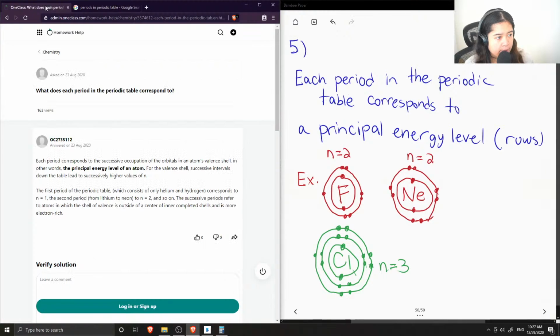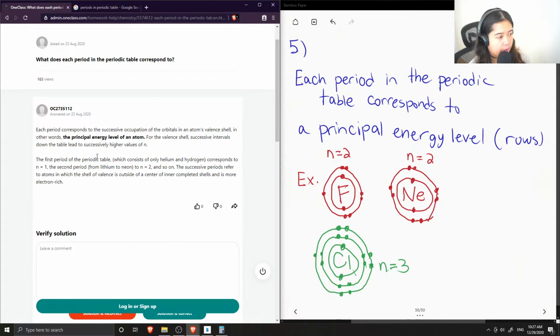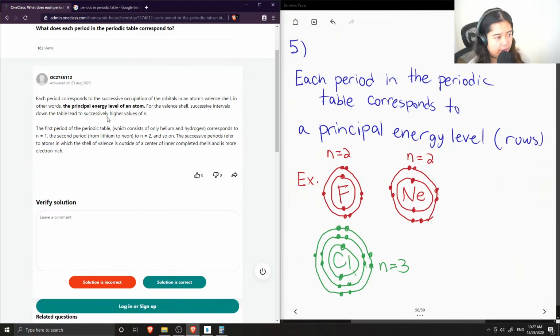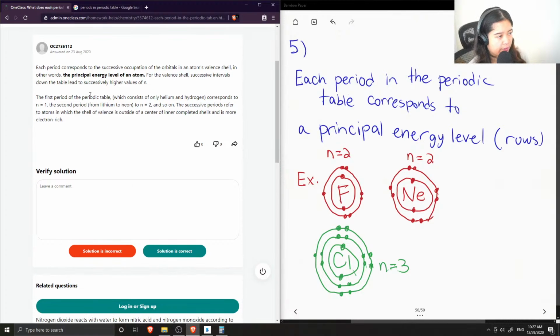Okay, so let's see what the junior tutor said. Each period corresponds to the successive occupation of the orbitals in an atom's valence shell. In other words, the principal energy level of an atom. For the valence shell, successive periods down the table lead to successively higher values of N. The first period of the periodic table, which consists of only helium and hydrogen, corresponds to N equals 1.